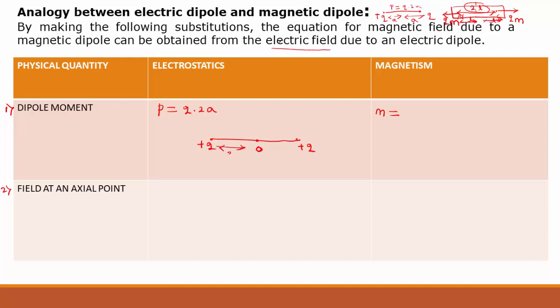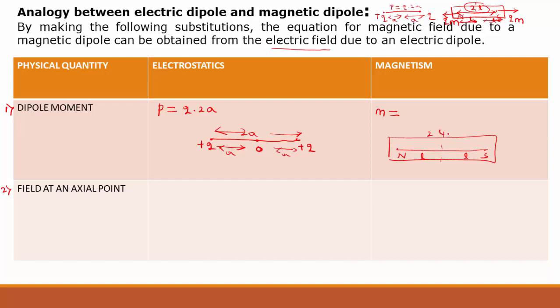This distance is a and this is a. A plus a is 2a. This is called the dipole moment. In magnetism, this is the magnet. It has two poles, one north pole and another south pole. This total distance is taken as 2L, where this is L and L.